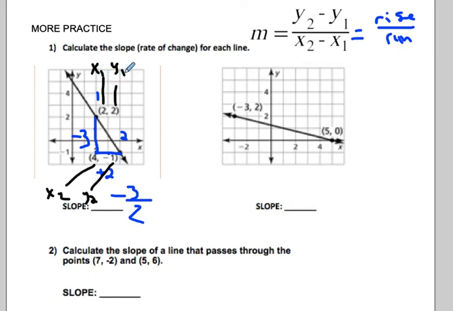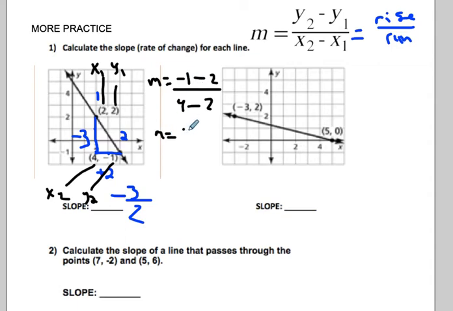Once you have them labeled like this, you can go ahead and fill in the formula. It says, take the y value of the second point, which is -1, subtract the y value of the first point, which is 2, divide that by the x value of the second point, 4, subtract the x value of the first point, 2.